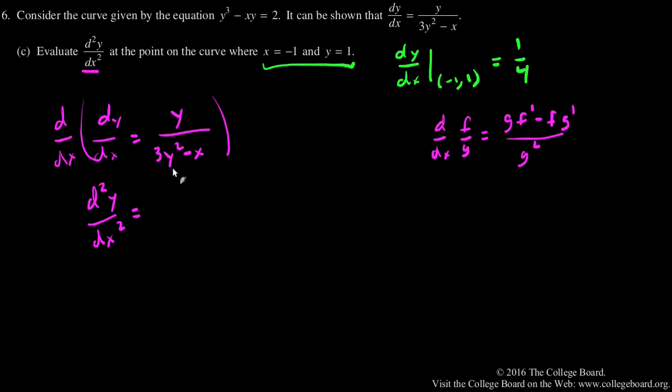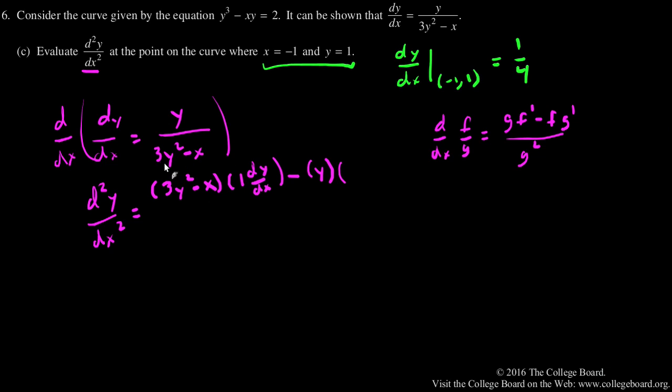So the bottom's g. I just keep it as is for the first part. So I have 3y squared minus x. I take the derivative of the top, the derivative of y is 1 times dy dx. So 1 dy dx minus, I have the top, y, times the derivative of the bottom.